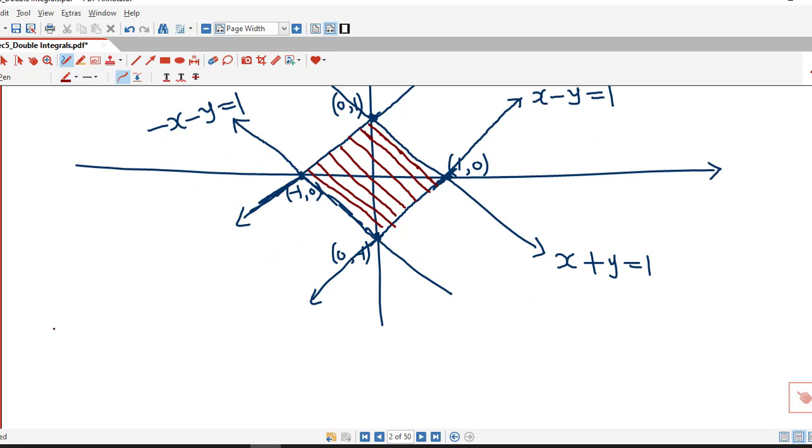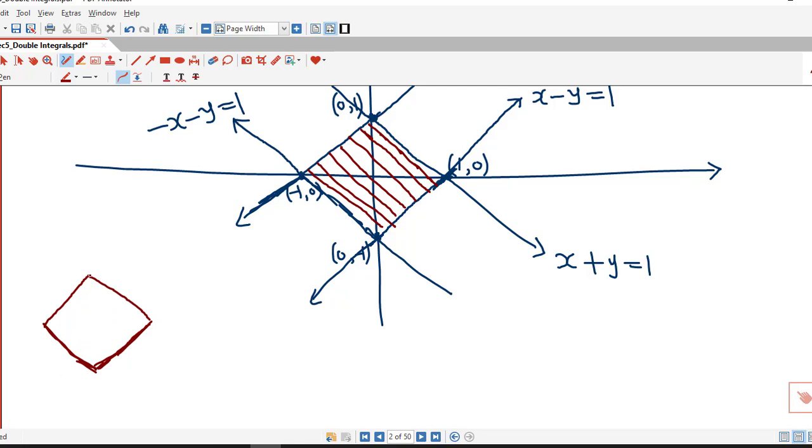So our region looks like this. So this is our region of integration.